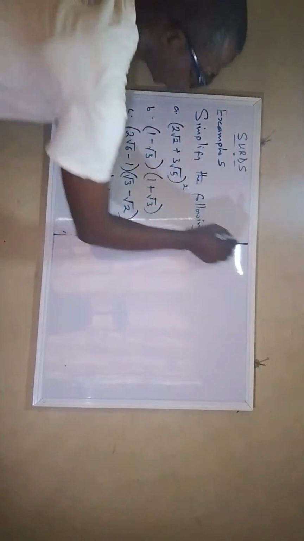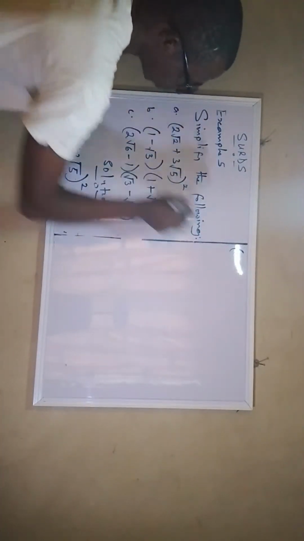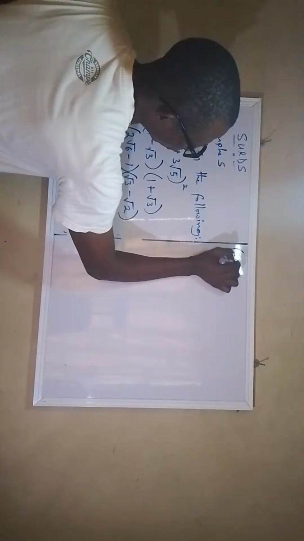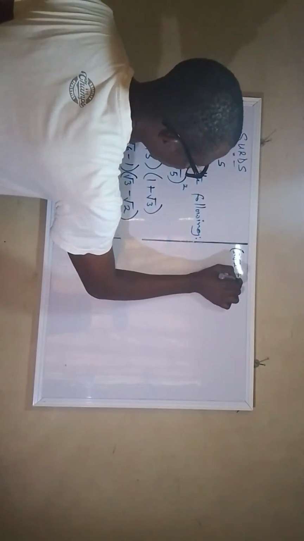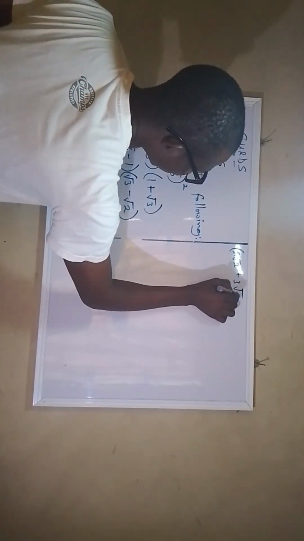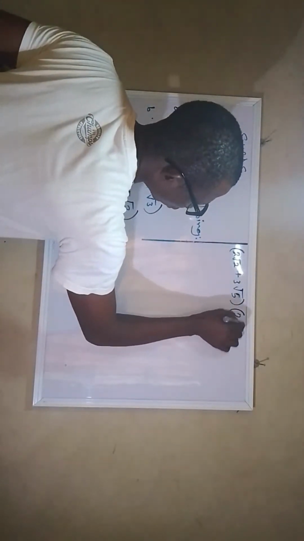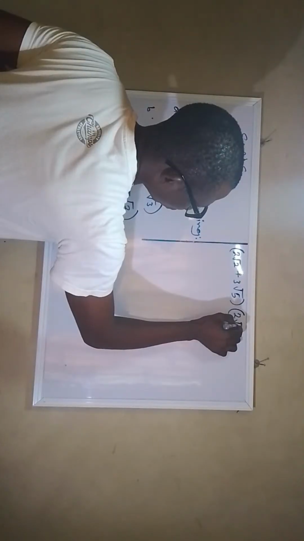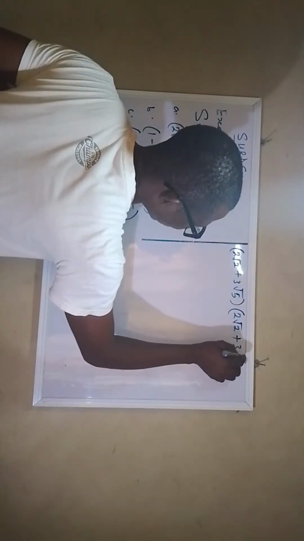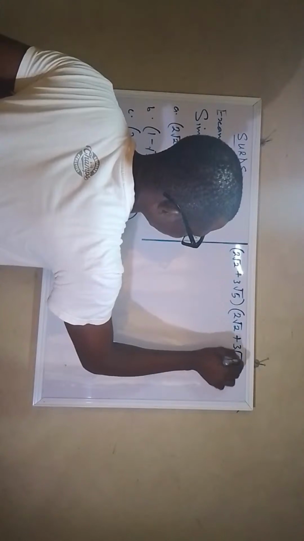So now we are going to expand this. So we have 2 square root of 2 plus 3 square root of 5 times 2 square root of 2 plus 3 square root of 5.